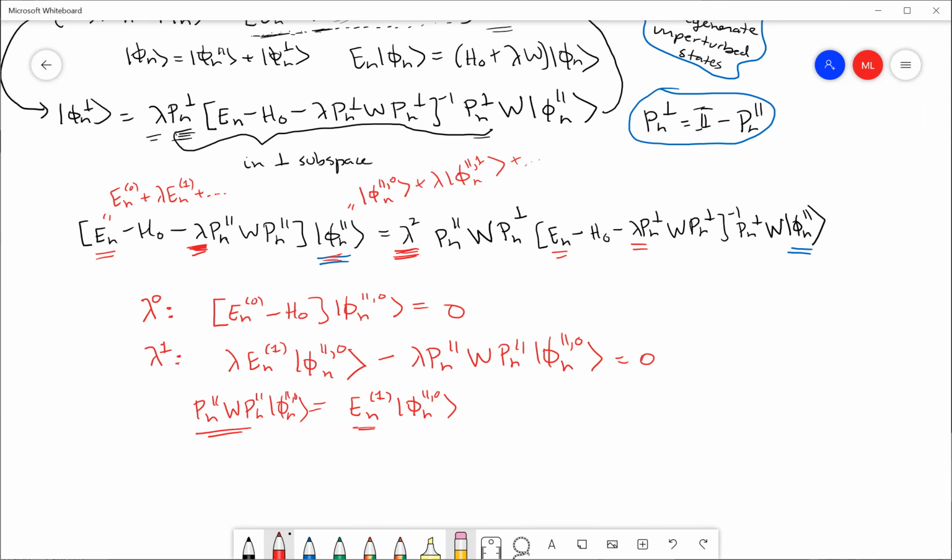Any questions about that? This first order term. You seeing what I'm doing? I'm just going order by order in lambda and looking at the equation that you get at that order in lambda. That's a usual thing to do.